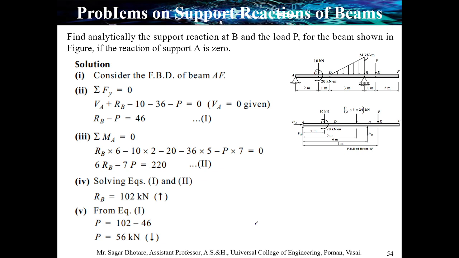Before solving any problem, you need to draw a free body diagram, which will give you the exact idea of what is unknown, which things need to be calculated, and what to find.